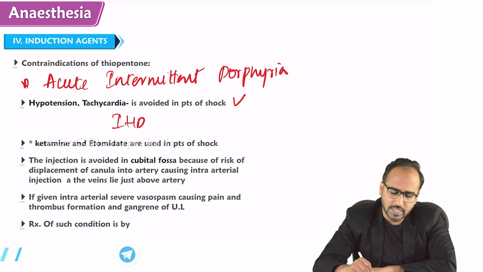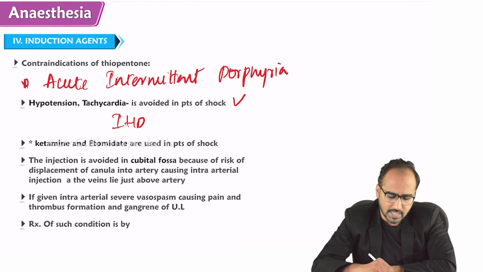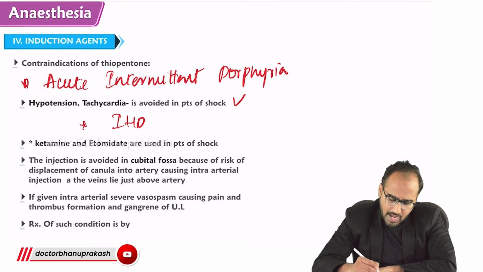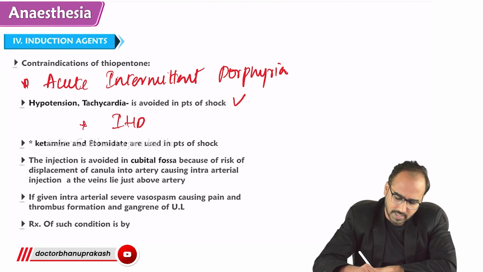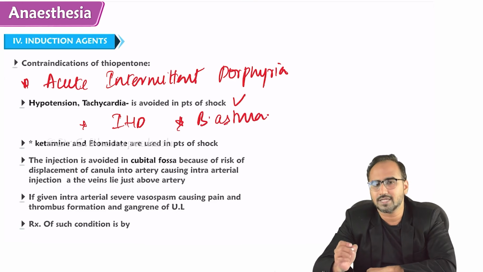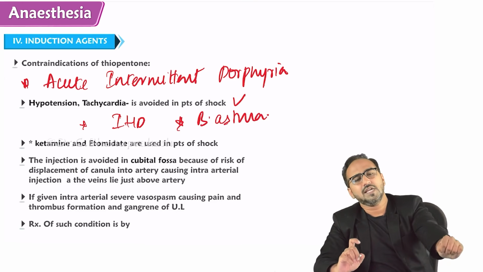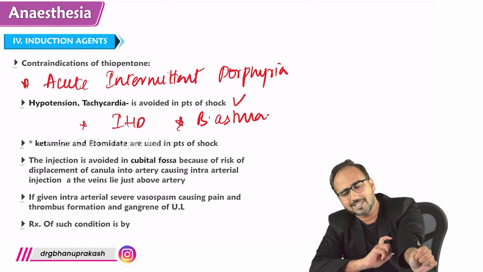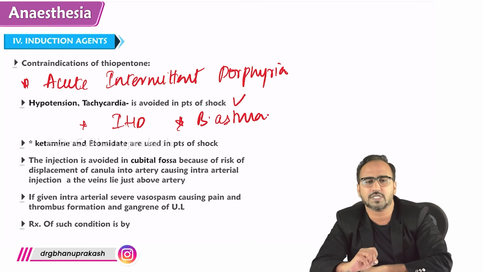So acute intermittent porphyria is a contraindication. Shock is a contraindication. Ischemic heart disease is a contraindication. Bronchial asthma is a contraindication. Last contraindication: never give thiopentone if you place a cannula in the cubital fossa.